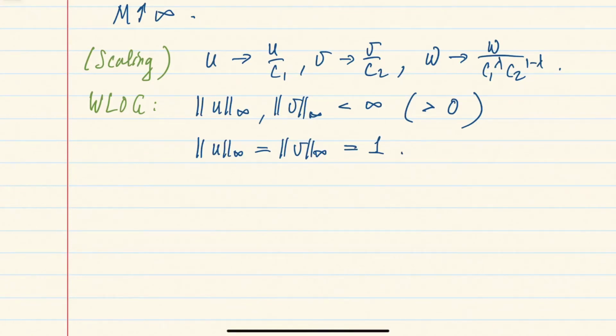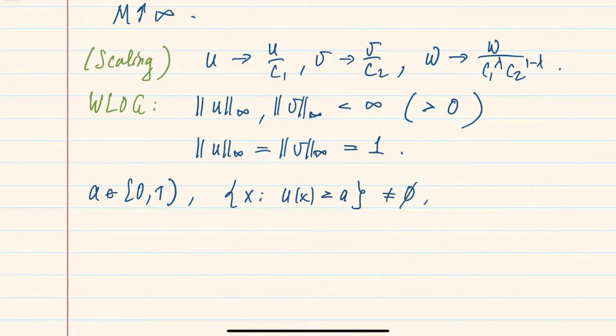And for any parameter a between 0 and 1, strictly less than 1, the set where u is greater or equal than a is not empty, and the set of points y where v of y is greater or equal than a is also not empty.